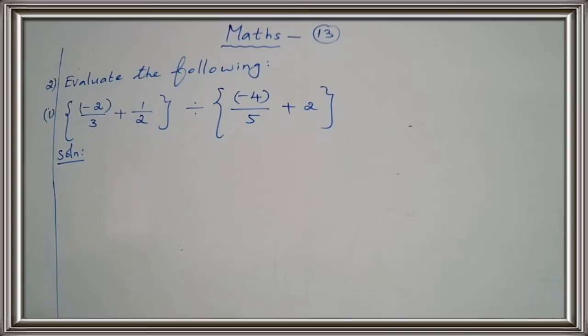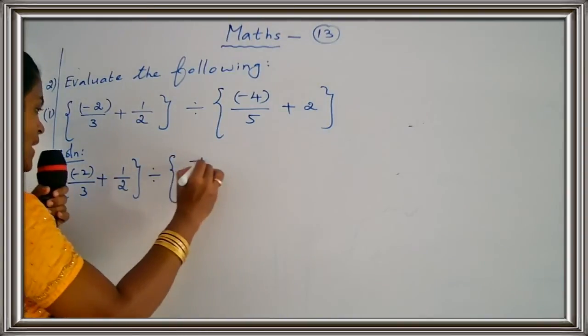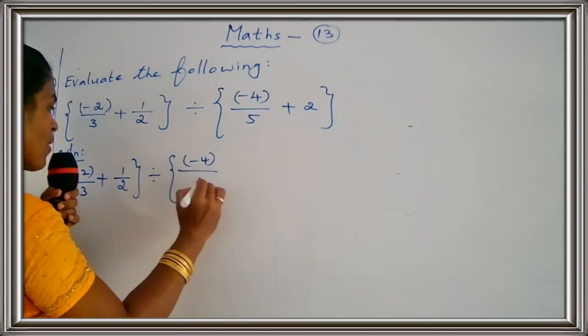Okay. So, first of all, we have to find the value inside the bracket. Okay, children. So, minus 2 upon 3 plus 1 upon 2 divided by minus 4 upon 5 plus 2. 2 is one integer. So, this is not in rational form.